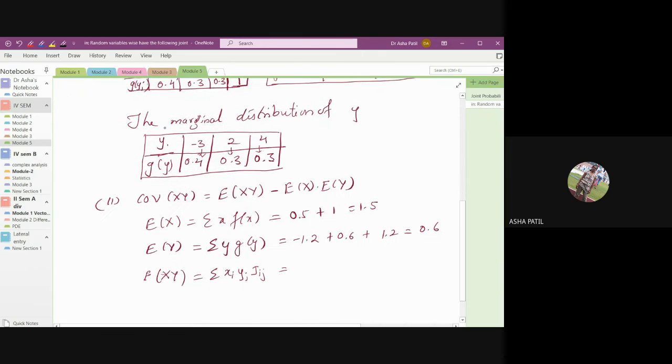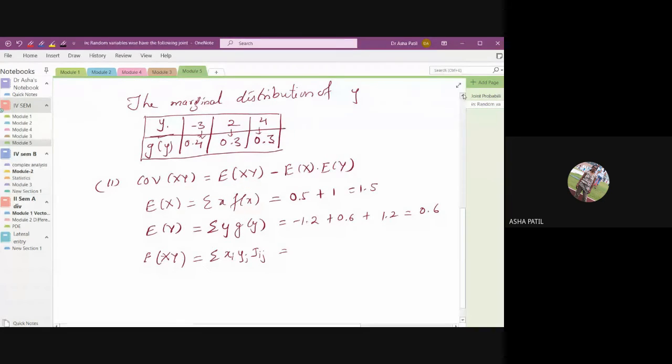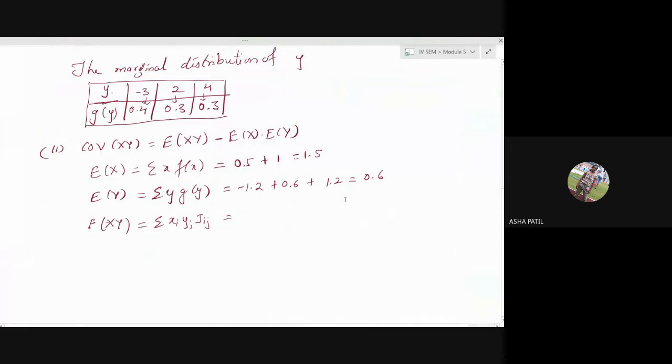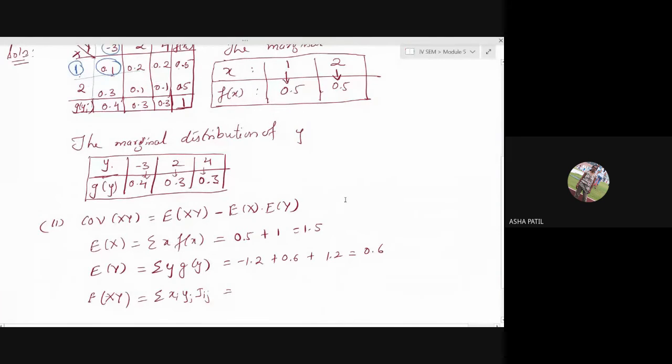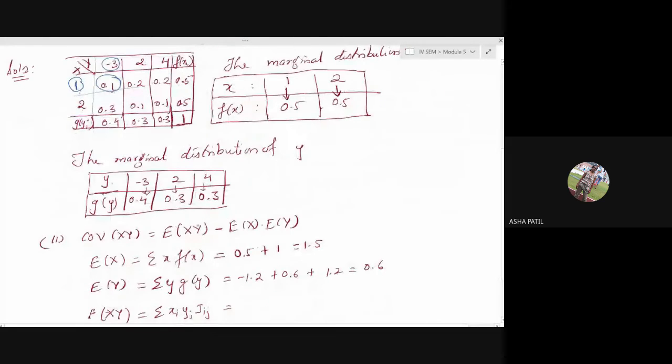So, what will you write? First one. What will you have here? Not necessary to write x1, y1 into p11 like that. If you know, you can directly do it. It is 1 into minus 3 into 0.1 plus.